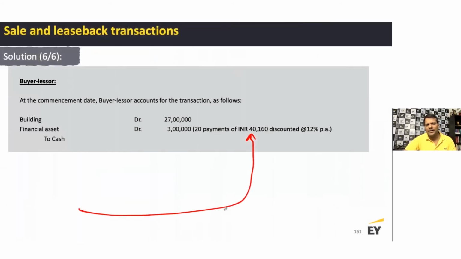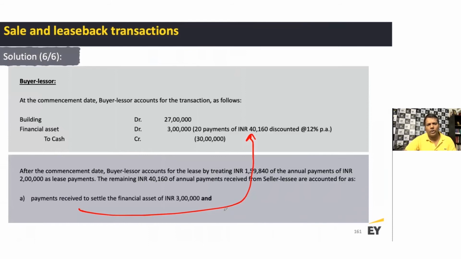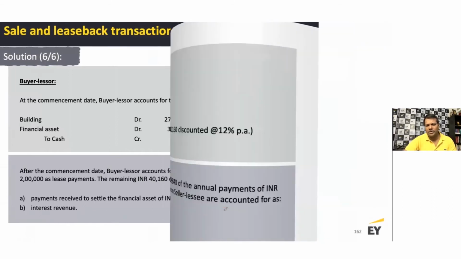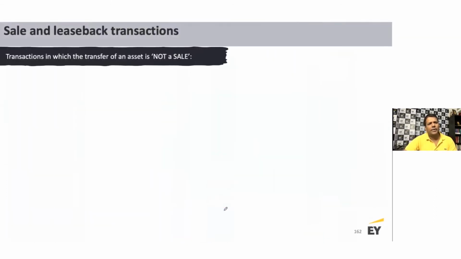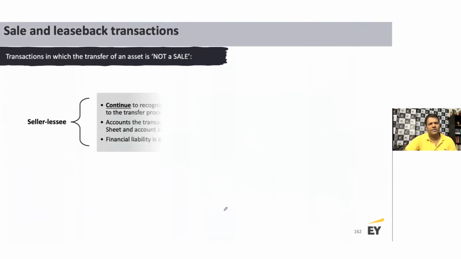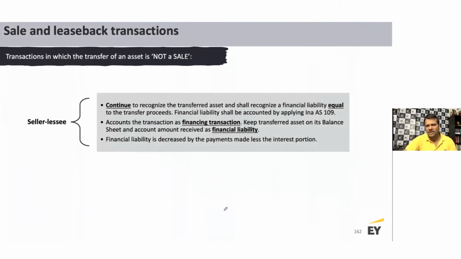So that gives us the perspective on how I account for the seller lessee as well as from a buyer lessor perspective. Now, if the transfer of an asset is not a sale, it is financing, then the seller lessee continues to recognize the transferred asset and shall recognize a financial liability equal to the transfer proceeds, and you apply the principles of Ind AS 109.